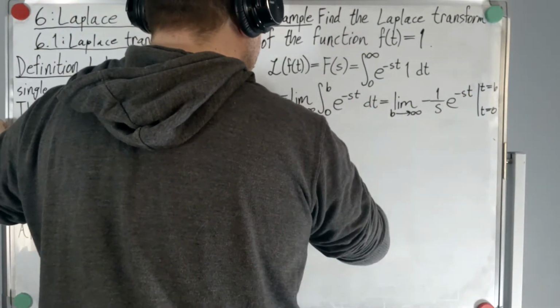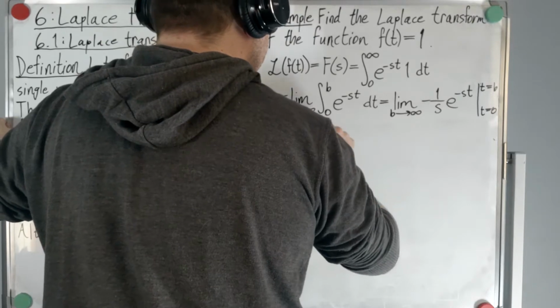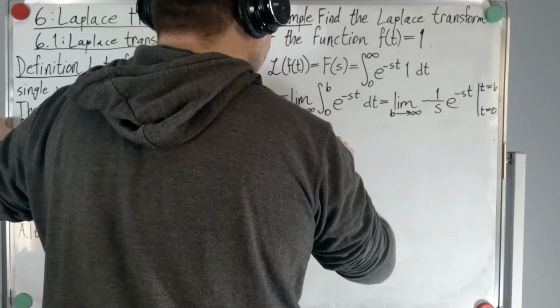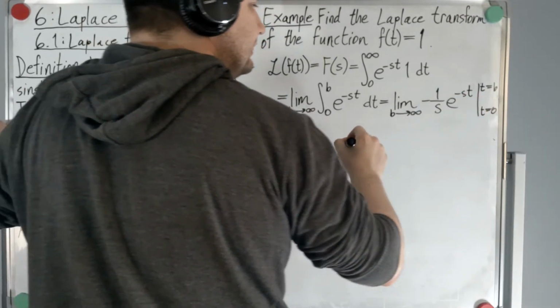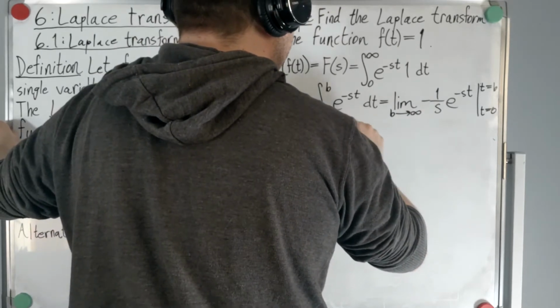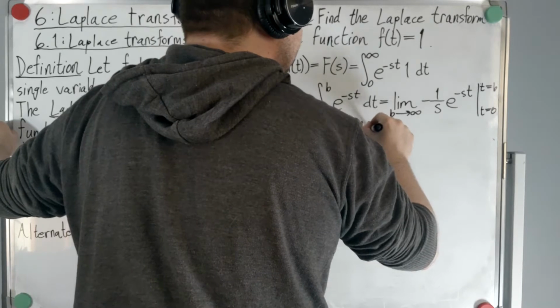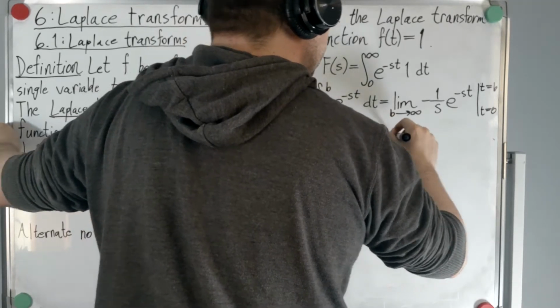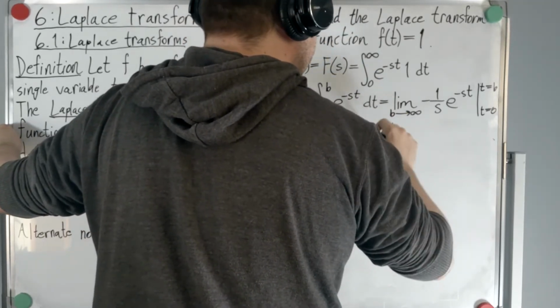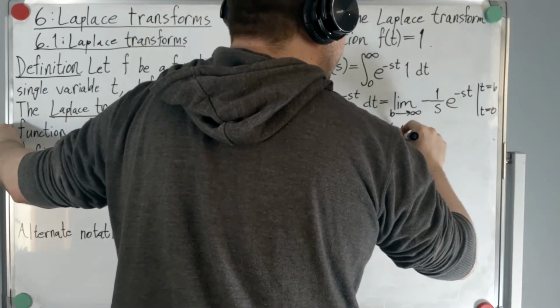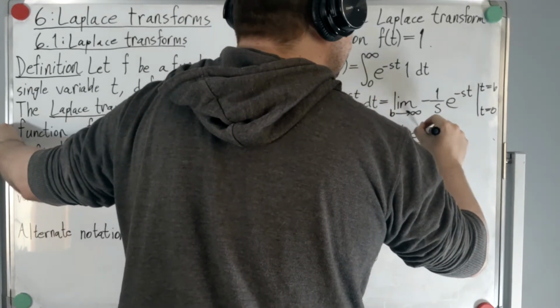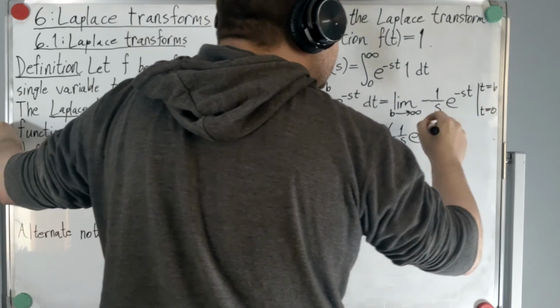So, this is the limit as b approaches infinity of, let's see here, negative 1 over s e to the negative bs minus negative 1 over s e to the negative 0s.